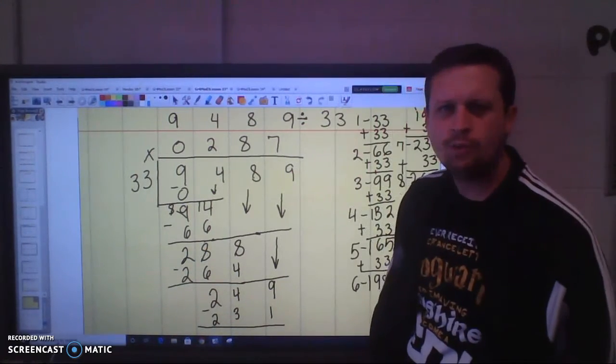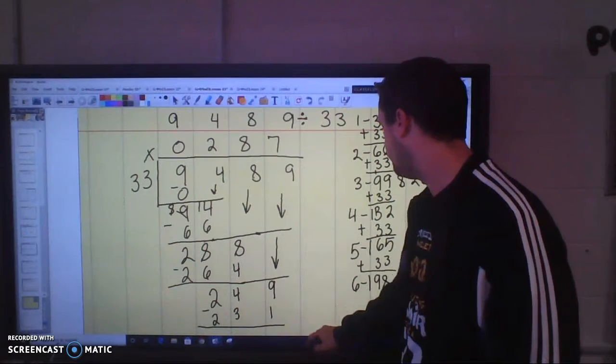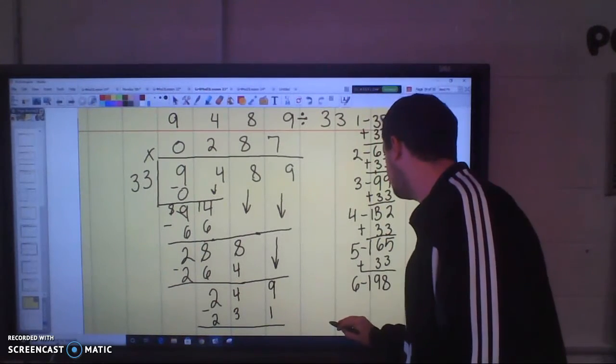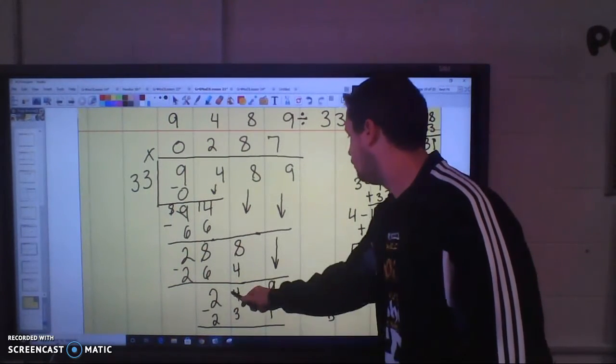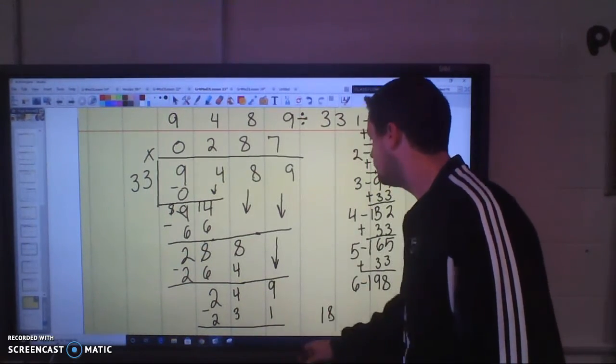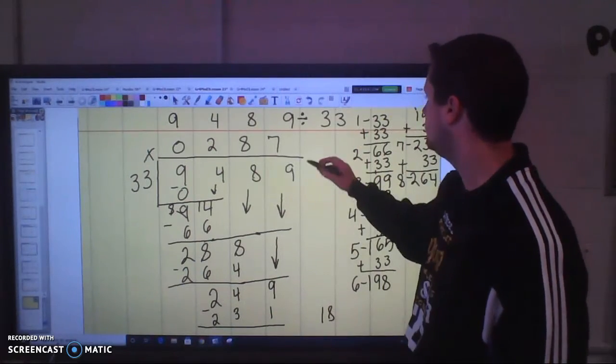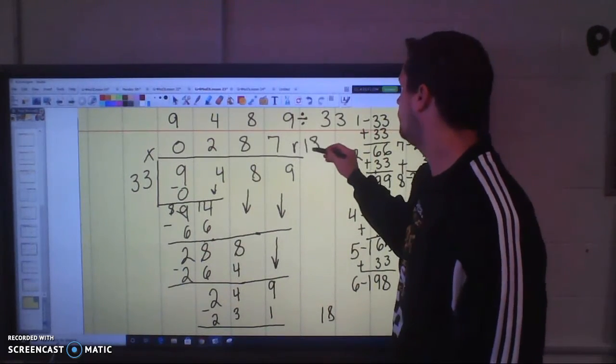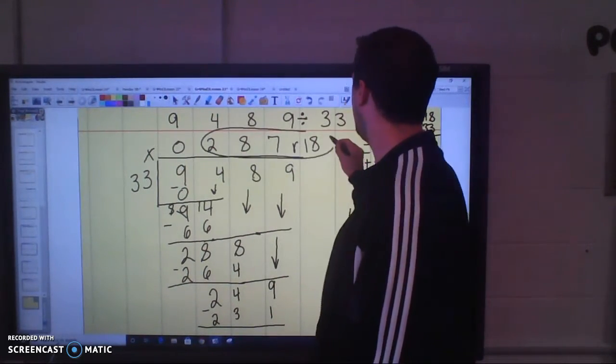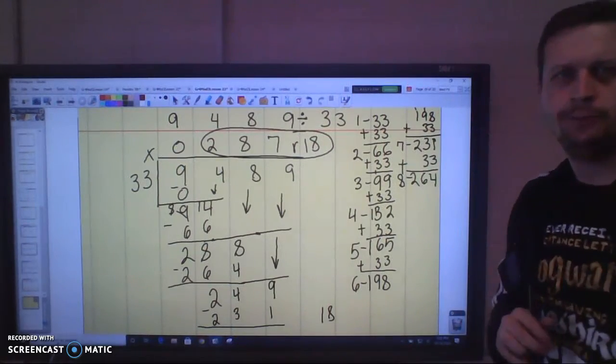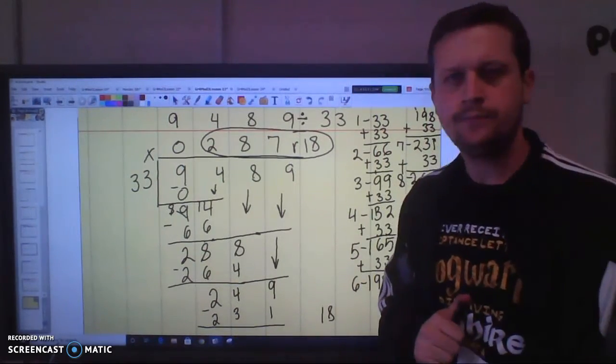I'm running out of room at the bottom, so I'm going to put my answer over here. 9 minus 1 is 8, 4 minus 3 is 1, 2 minus 2 is 0, so 18 is going to be our remainder. 287, remainder 18.